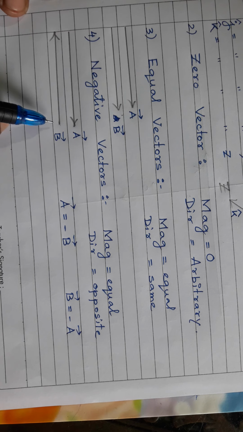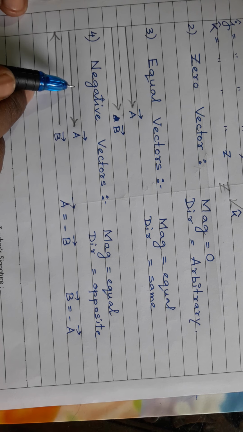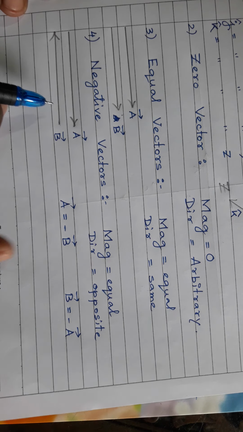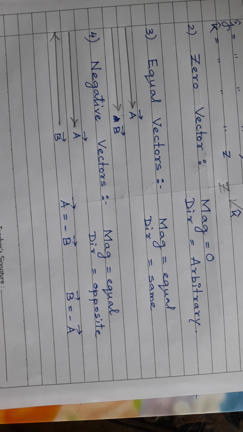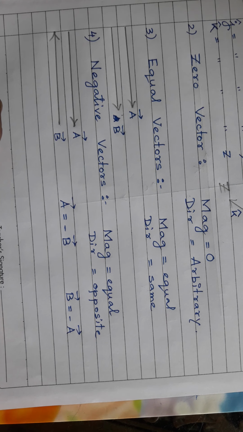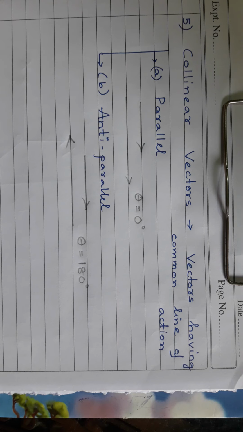You see, A and B are in opposite directions, so A is negative of B or B is negative of A, means magnitude should be same but direction opposite. Then one vector is said to be the negative of the other.